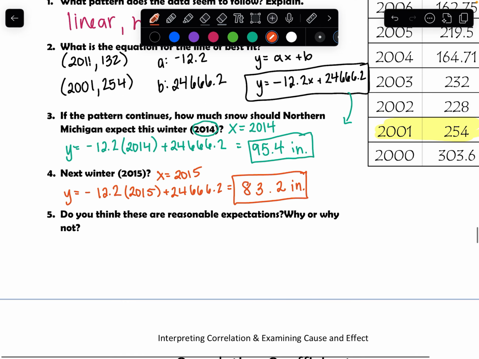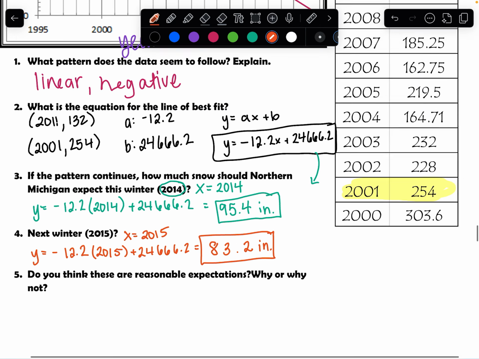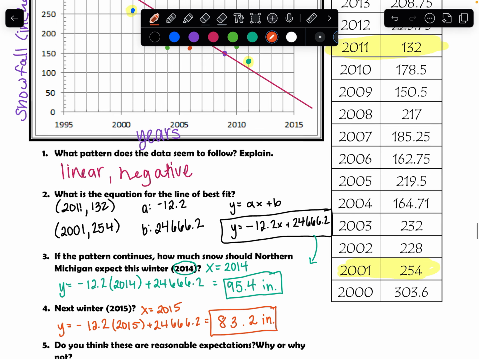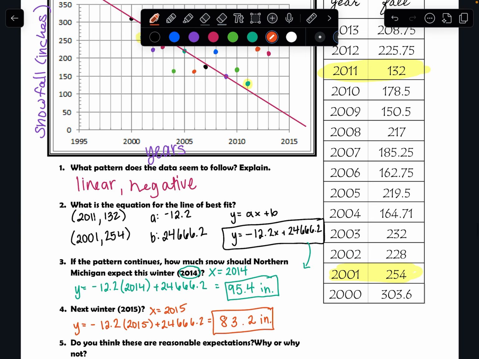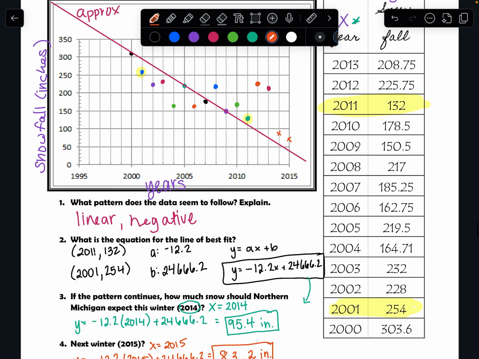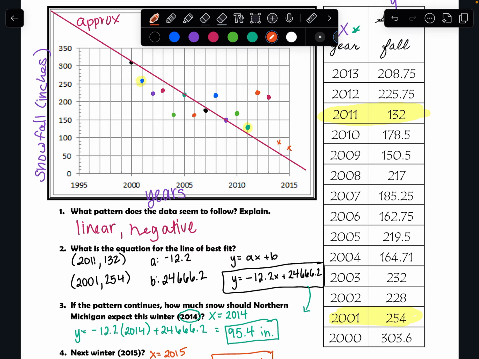Now, the last question, do you think these are reasonable expectations? So let's look at our graph. 95.4 would be about here. And 83.2, that'll go here. And 83.2 would be right around here. Well, they're pretty close to my line of best fit that I approximated, so it's not really accurate. But is it on trend?